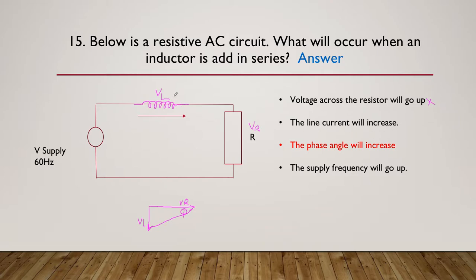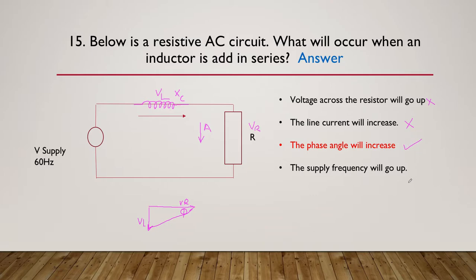The line current will increase. Well, no, we've added some XL here, so it's in series with the resistor, so the total impedance effectively of the circuit will go up, so the current must go down, so the overall current has got to go down. So current will increase? No, not possible. Phase angle will increase? Well, we saw that from our little diagram there.